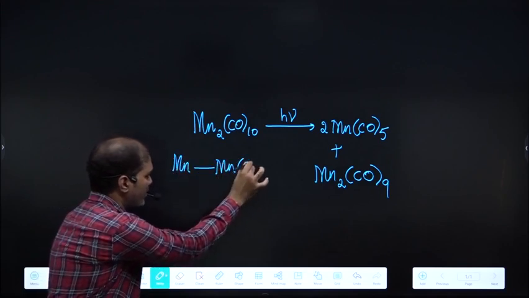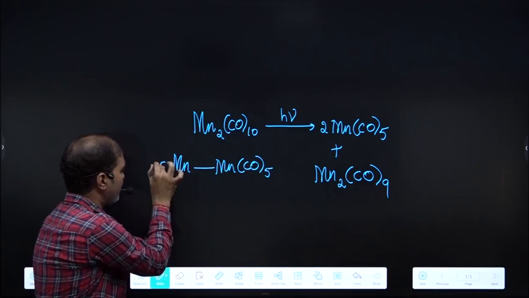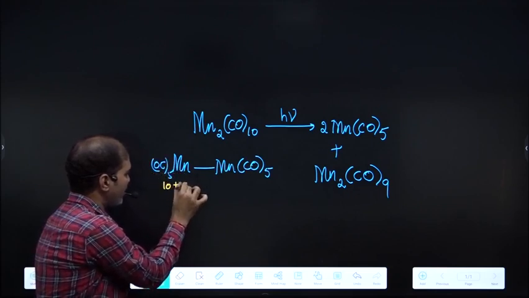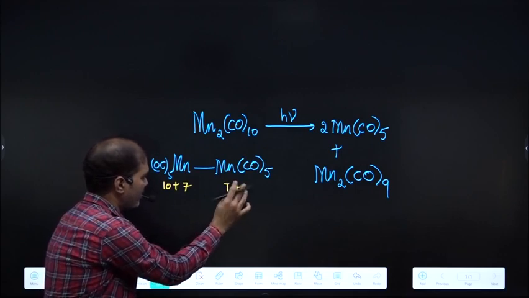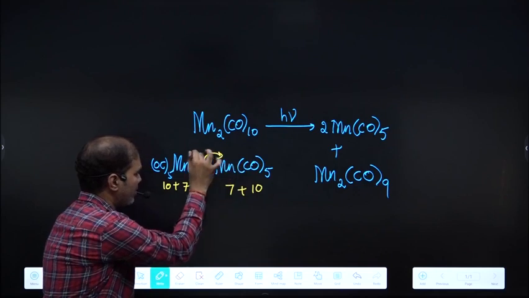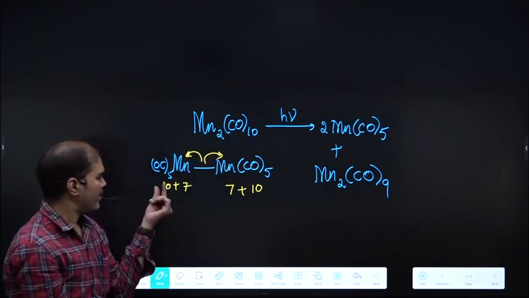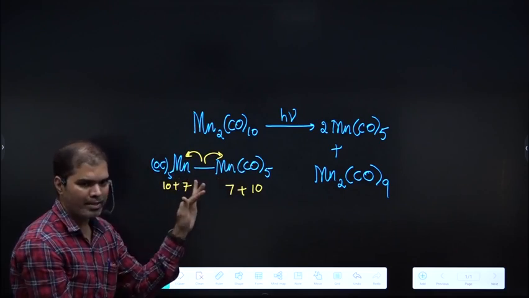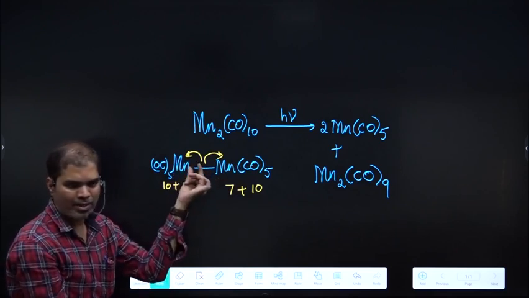I am not drawing the full structure, just for our understanding: manganese is 7, plus 10 electrons, plus 1 electron from the metal-metal bond. So 10 plus 7 plus 1 is 18. Both manganese are obeying the 18 electron rule.